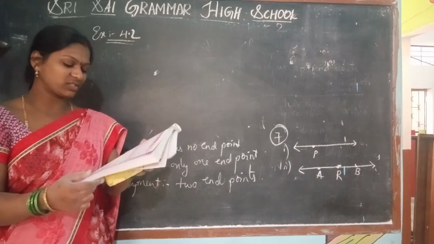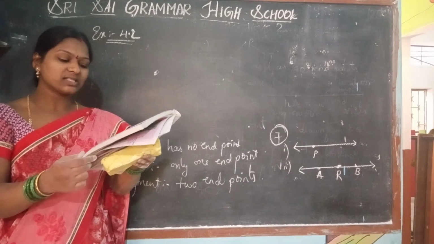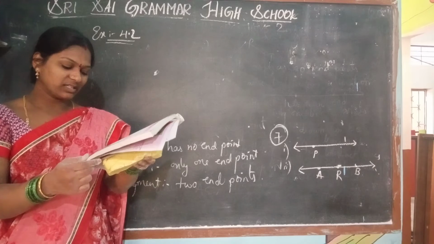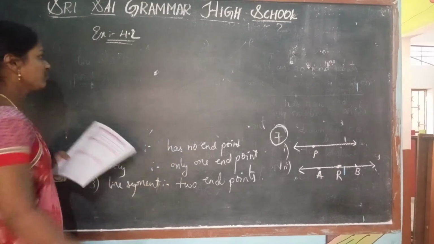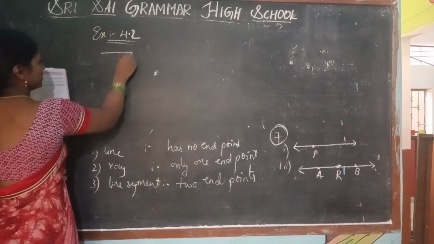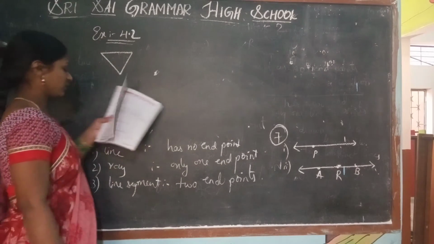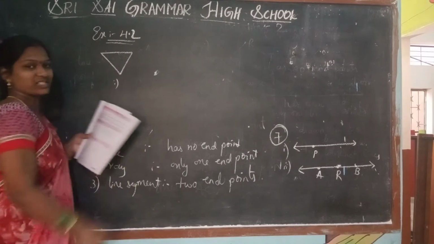So here is the first question. Take these figures, which are simple curves? We have to represent that. Now see, this is a reverse triangle. This is the first one.